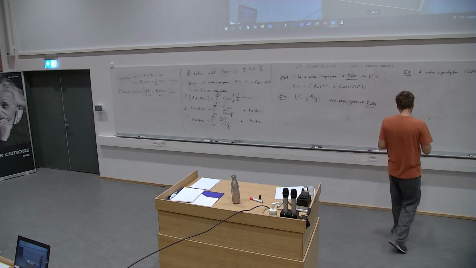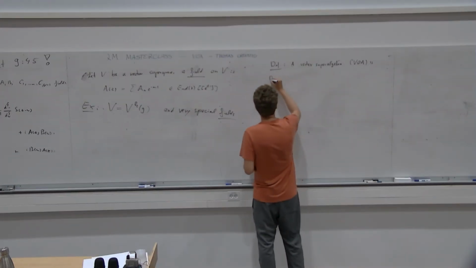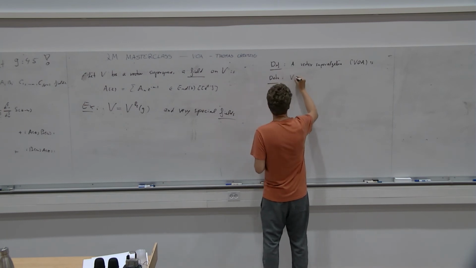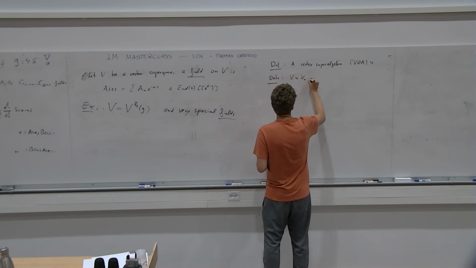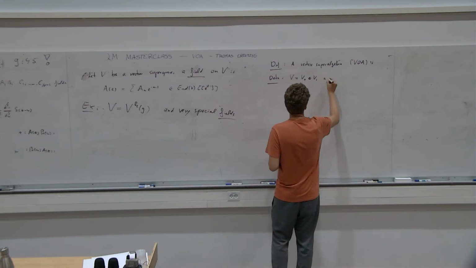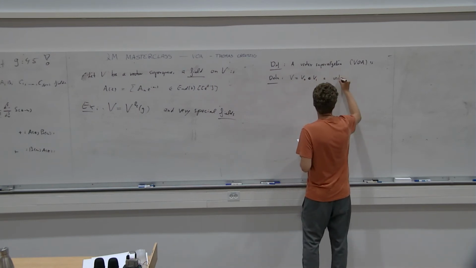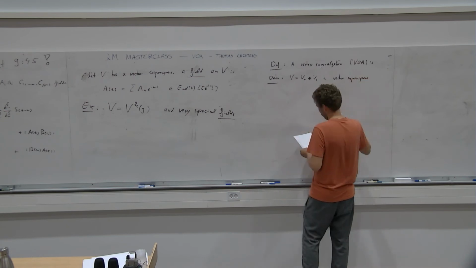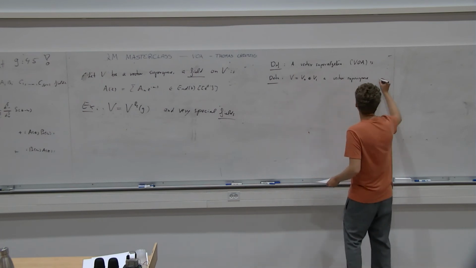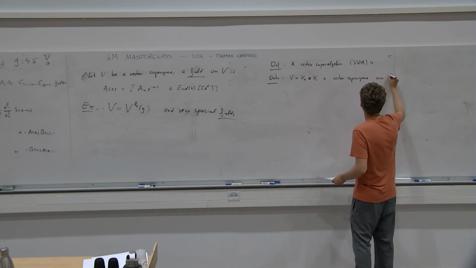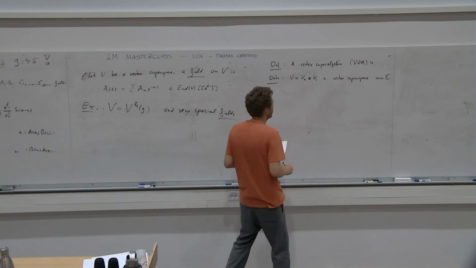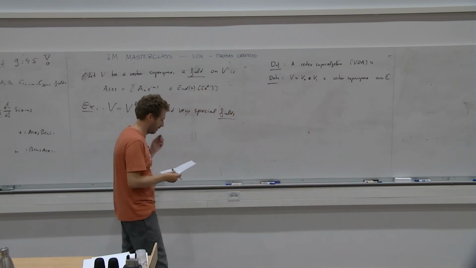Okay, let me finally define a vertex algebra. The definition has two pieces. The data will be the vector space we always had, so a vector superspace, and let me write over C, just because I will work over the complex numbers the whole time.